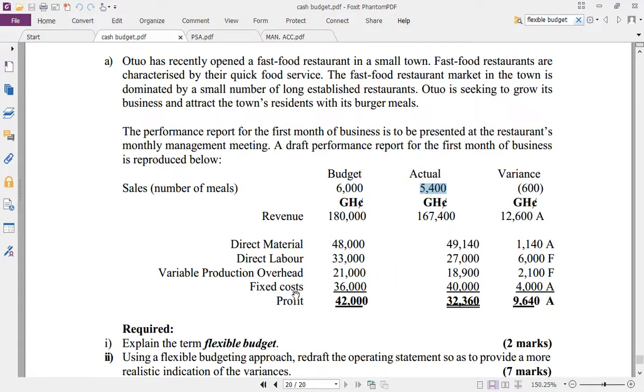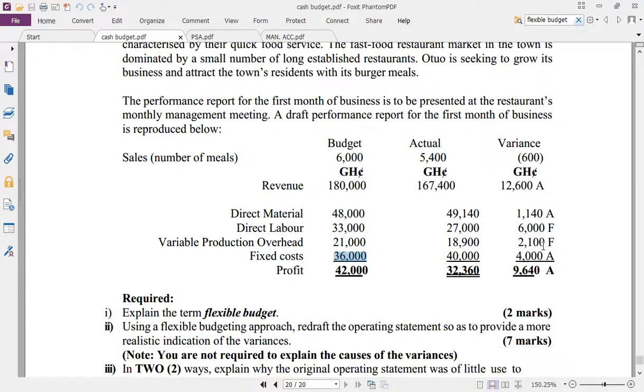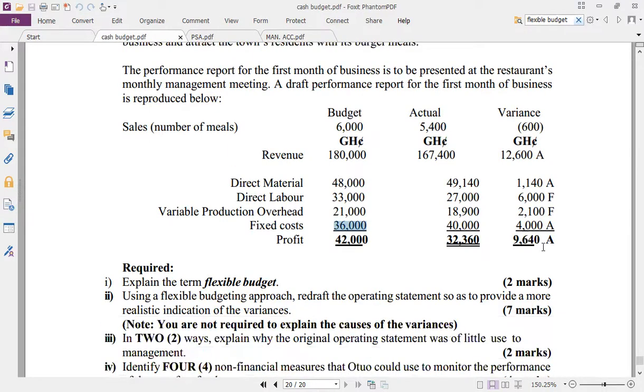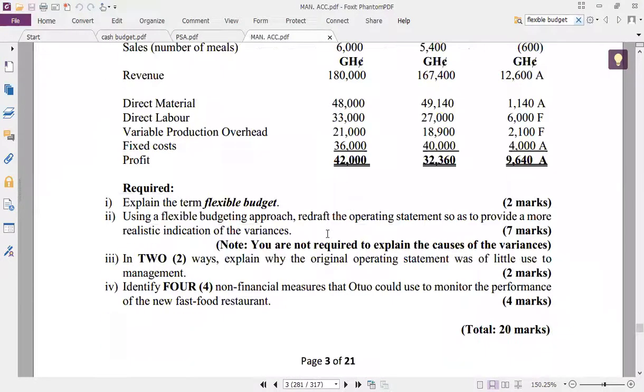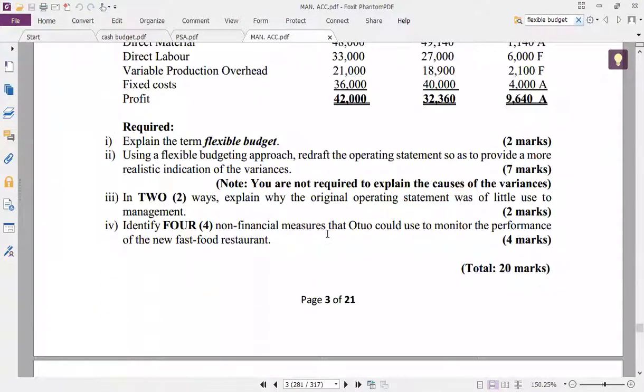Good. There's a fixed cost here. The fixed cost is 36. Take the 36 and put it in there. We compare. But then you compare that one with the actual one and now find the new differences. That's the end of the first question, and that is the May 2019.